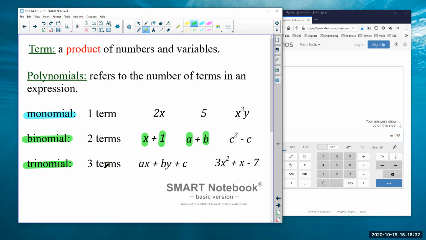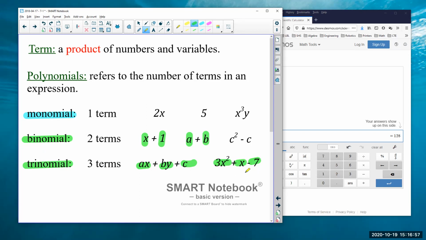A trinomial is three terms. So a tricycle has three wheels, a triangle has three sides. A triangle has three corners, right? And then a trilateral actually has three sides, but they're kind of the same. But anyway, you see here, I got 1, 2, 3 terms. Okay, so that's a 3-term polynomial. And here we have another 3-term polynomial.